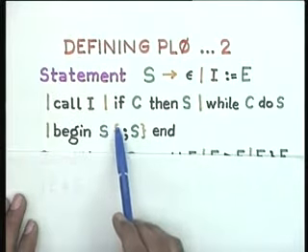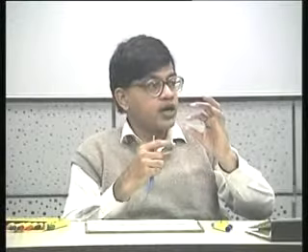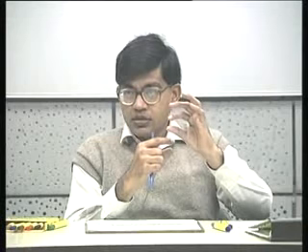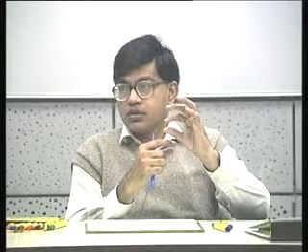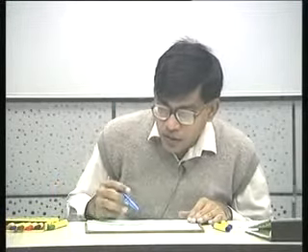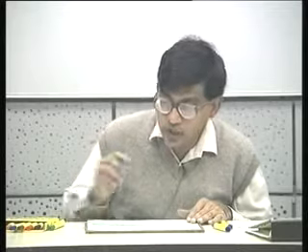Then you can have 0 or more occurrences of this. So for example, just a pair of brackets begin end itself is a statement. It's a trivial statement which does nothing. It corresponds to a no operation, for example, in hardware.